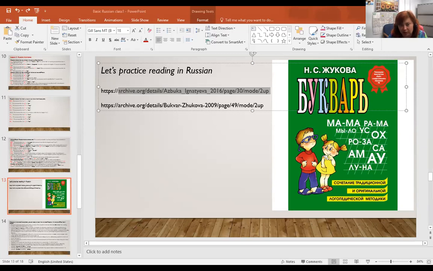Автобус, which is autobus, абрикос, apricot, альбом, album, апельсин, orange, accordion, same word, and аист, stork. And this is how you can write the letter. So it shows the direction of writing, how to make it easier.